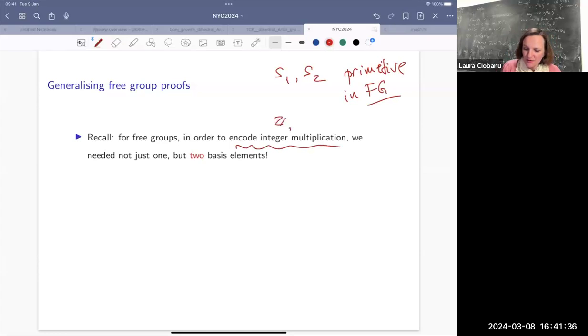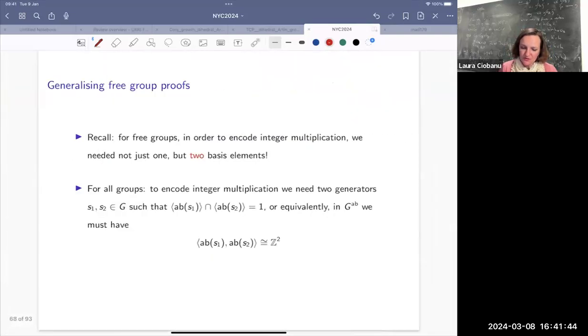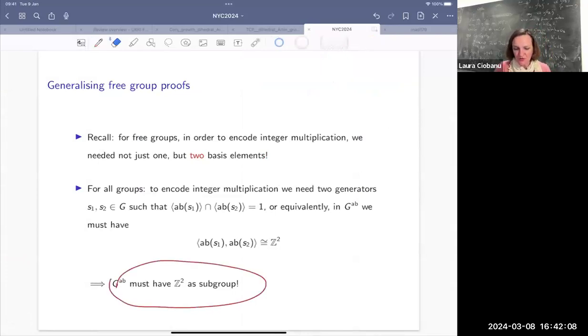I want to encode Z plus times the ring. So moving on from free groups to other groups, we do need two such elements to play with to encode integer multiplication. Long story short, we need a Z squared in the abelianization of our group to have enough room. So a first restriction, not a huge one, is that to do the interpretability, we need the abelianization of the group to be just big enough.